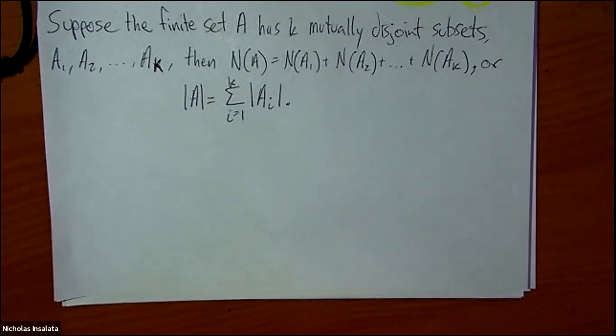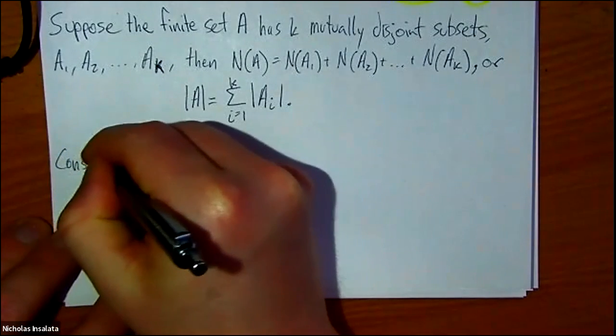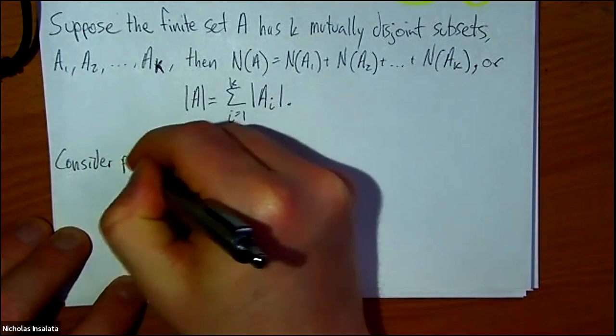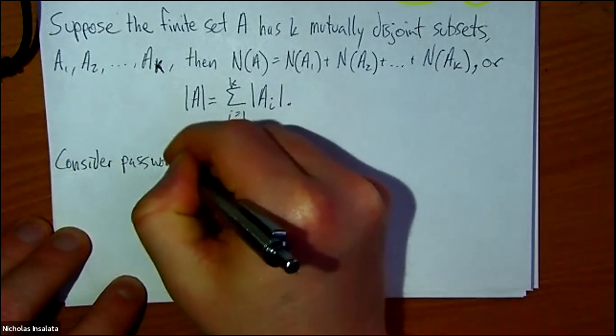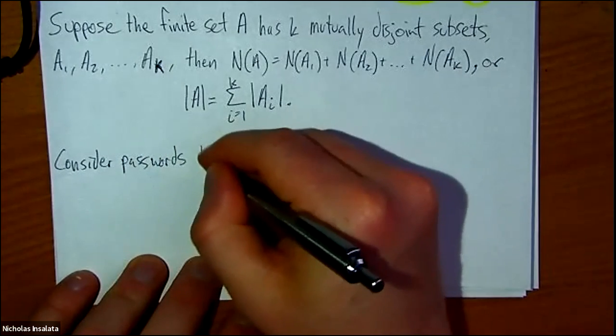Okay, so in that case, let's do an example. What's an example of this set A that has k mutually disjoint subsets? What if we had computer passwords? So consider passwords that are alphanumeric.